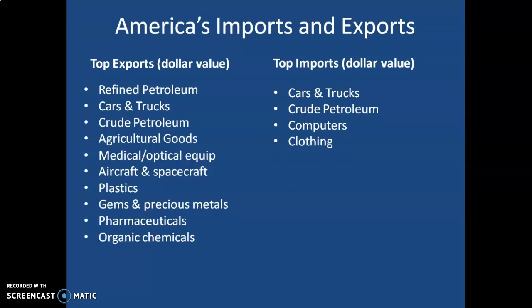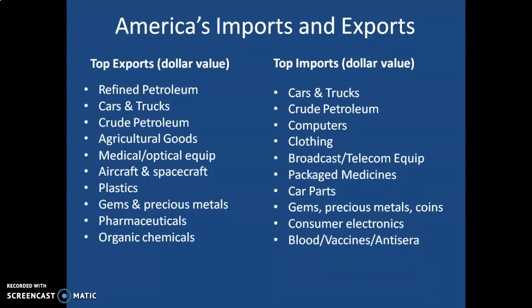Computers, clothing, that's probably not a big surprise. If you look at the tag on the inside of your clothes, you'll see oftentimes those are made overseas. And then rounding out the top 10 again, broadcast and telecom equipment, car parts, packaged medicines, big import item. Gems and precious metals. Look at that. We export a lot of gems and precious metals.